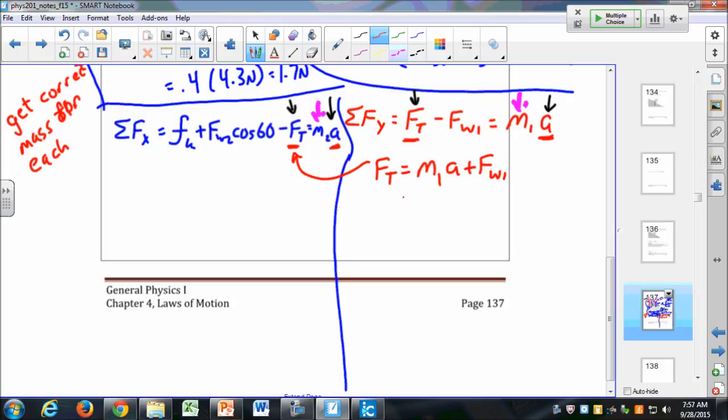I can make this a little simpler because this is really just m1a plus m1g, right? So that's going to be, oh no, I don't want to do that. Never mind. We'll just keep it like that. m1a plus Fw1. Plug it in there, and then I'm going to put in some numbers here. So my Fk is 1.7 plus Fw2.